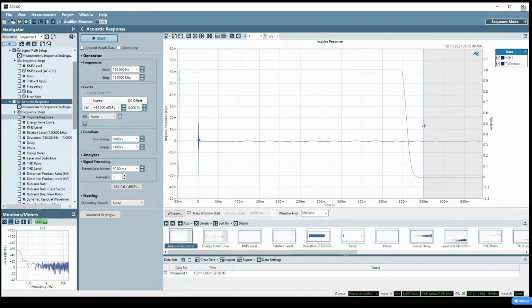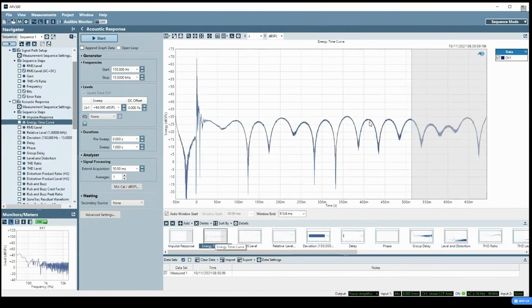Now, this is the graphical representation that I mentioned, where you can graphically control the time window. And you can do this on the impulse response or the energy time curve while the data is live.